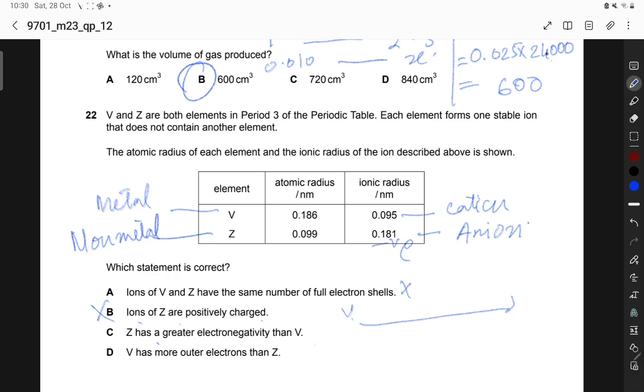So V is metal and Z is non-metal. Non-metals have more electronegativity than metals. So Z has more electronegativity than V. So this option must be correct.